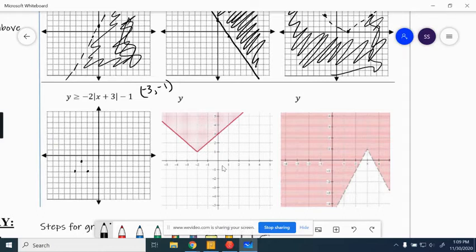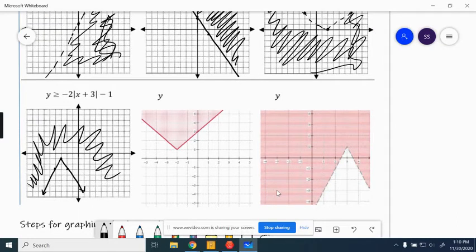This is greater than or equal to, so it is going to be a solid line. Put the arrows on there. Okay, and now we just need to shade in the graph. So this is y is greater than, we shade above. All right, there we go.